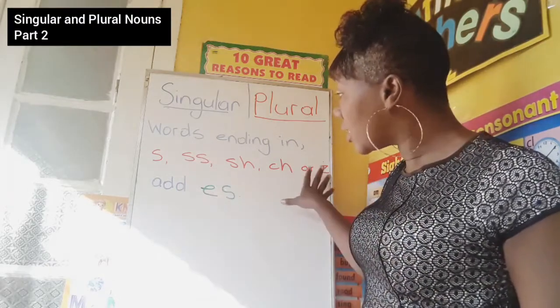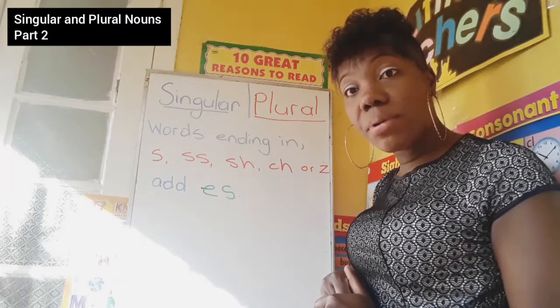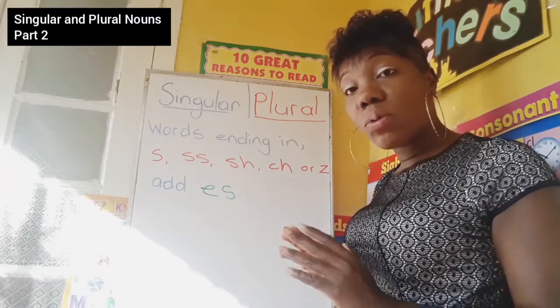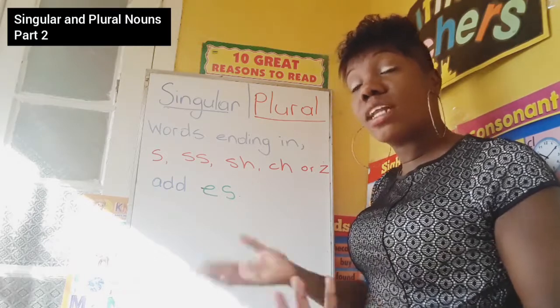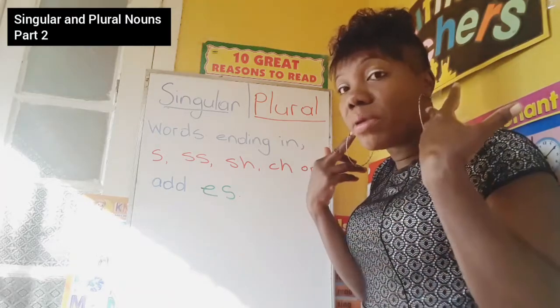So look at them, boys and girls. Write them in your books, so that when you go to primary school and your teacher starts to teach you these things, you can go back to them and refresh your memory.